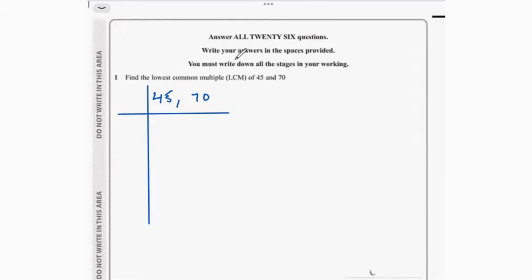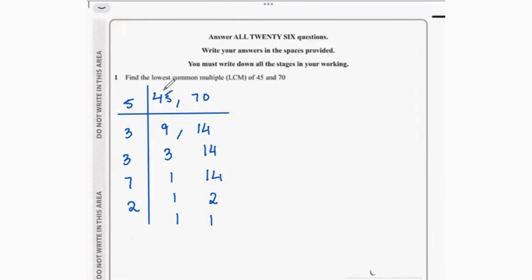So we know 45 and 70 come in the 5 times table. So this becomes 9 and this becomes 14. Then 9 and 14 don't come in the same times table. So 9 can be divided by 3. And then 3 can only be divided by 3. So now 45 has become a 1. Now 14 comes in the 7 times table. And then 2 only comes in the 2 times table.